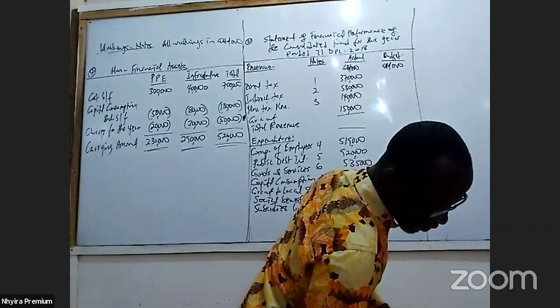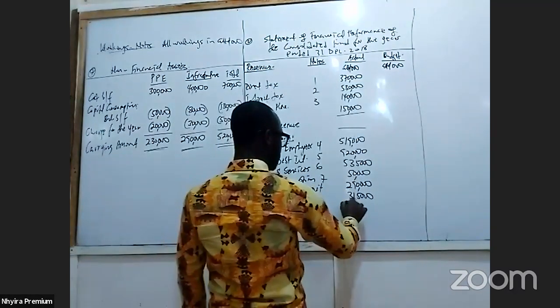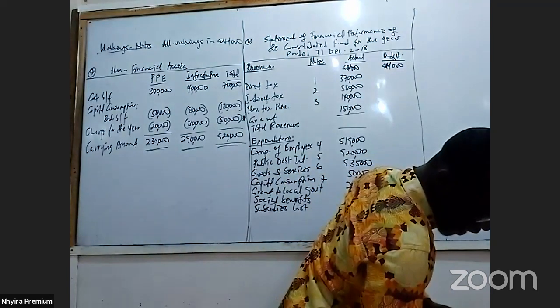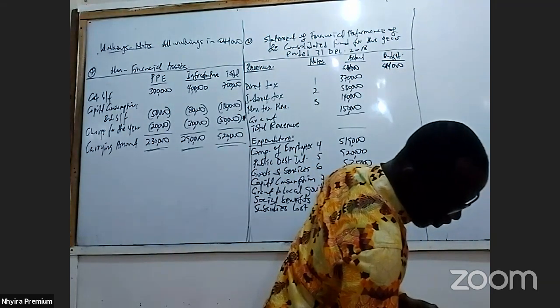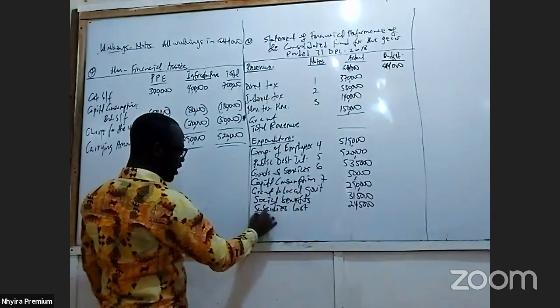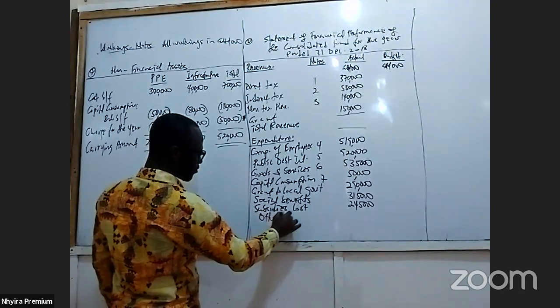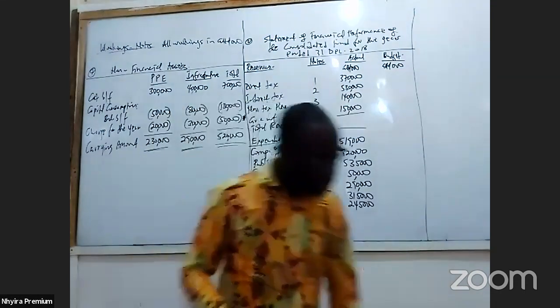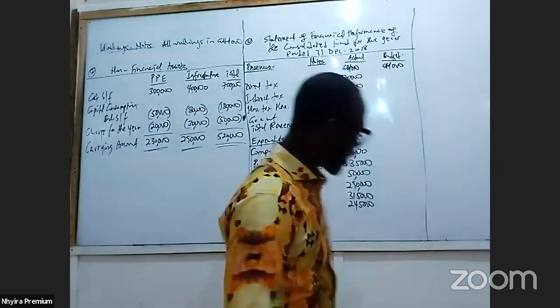That is 245. Then I think that is all. That is other expenses. We have it there. That is going to be 20K.